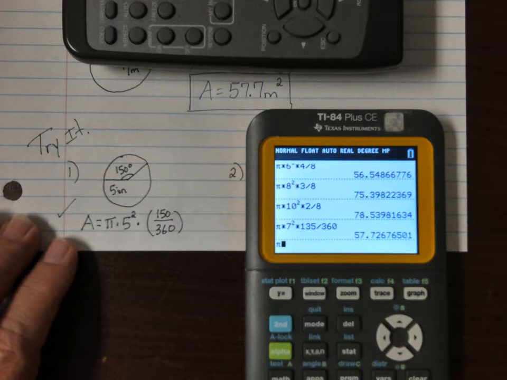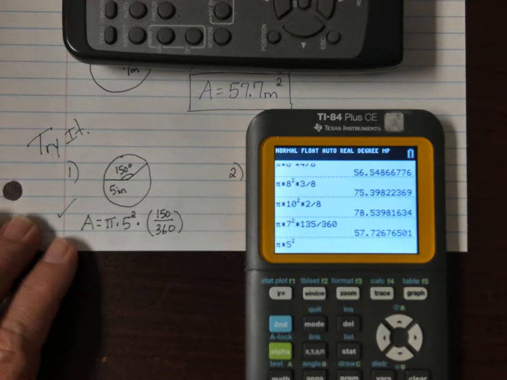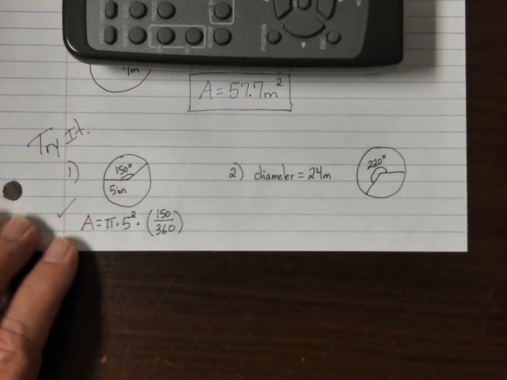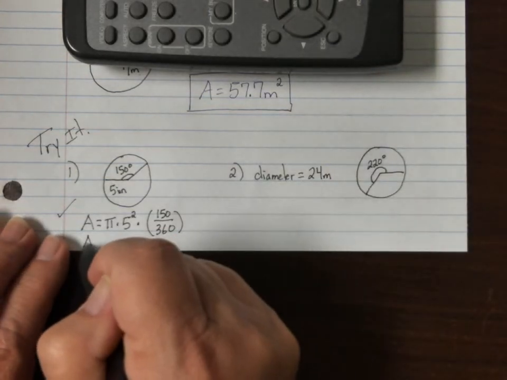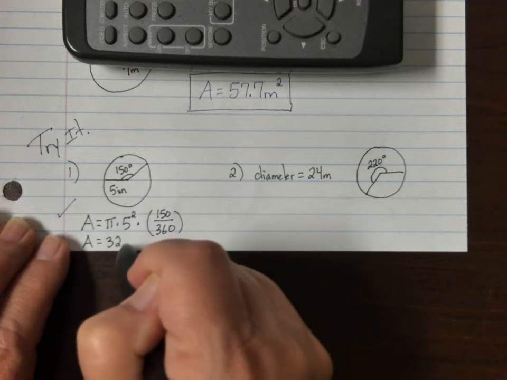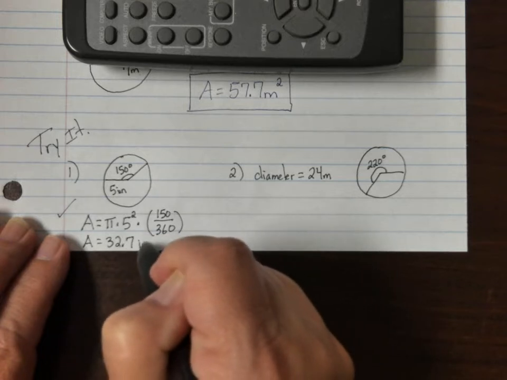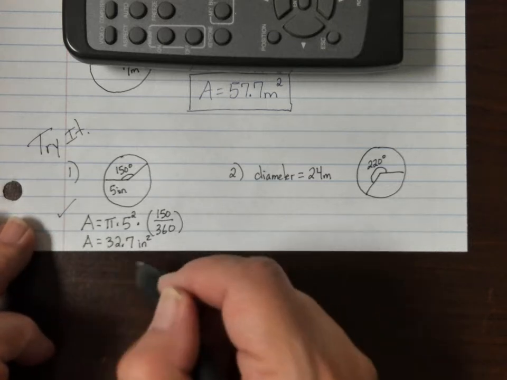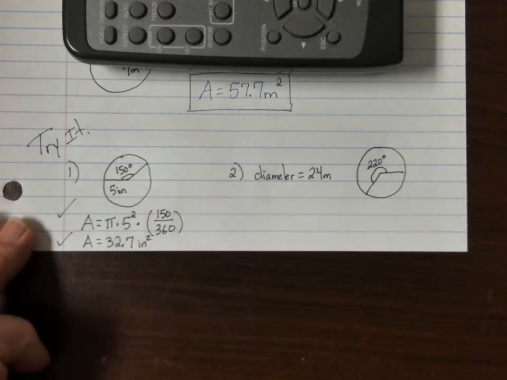Pi times 5 squared times 150 divided by 360, and we would round to 32.7. And we'd have square inches.